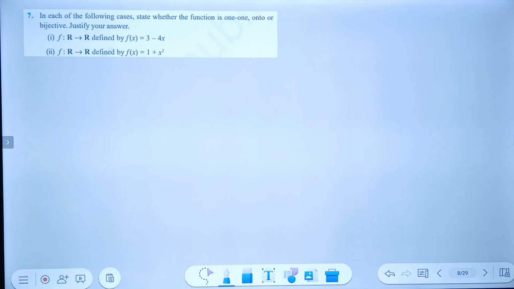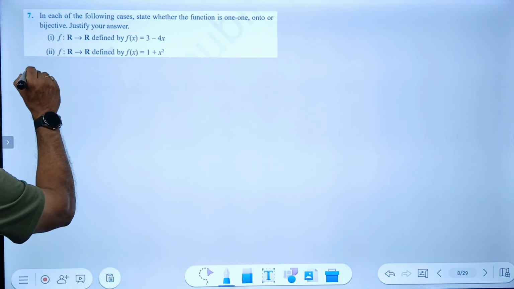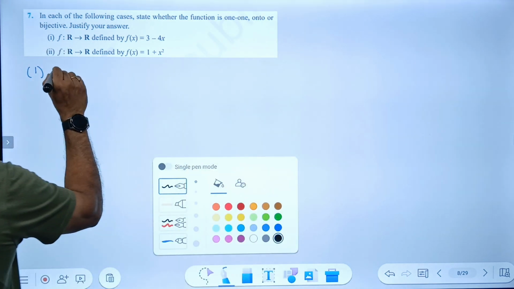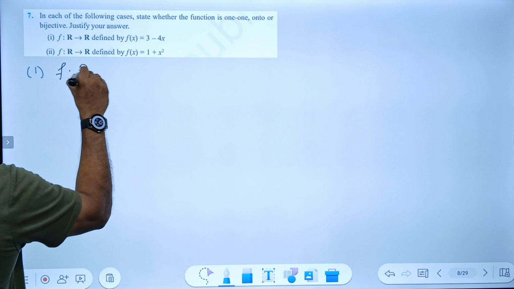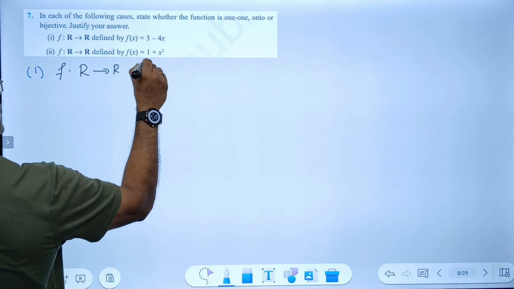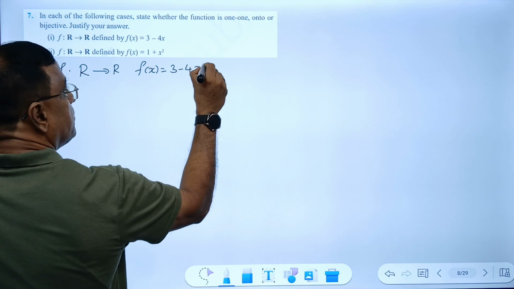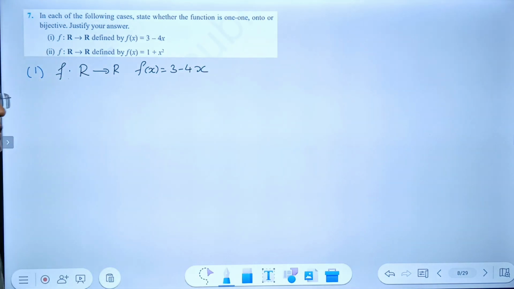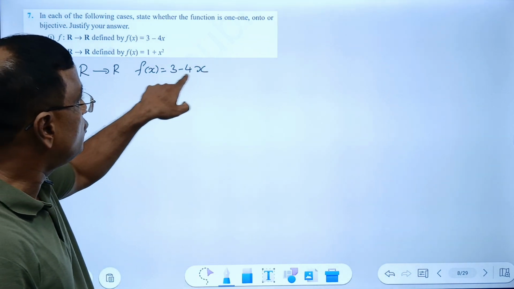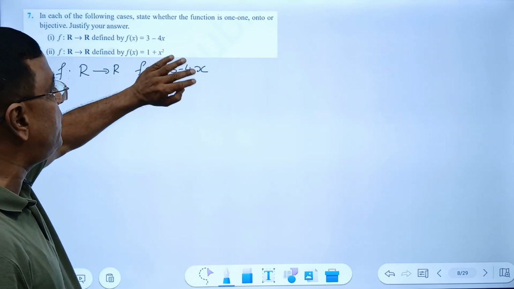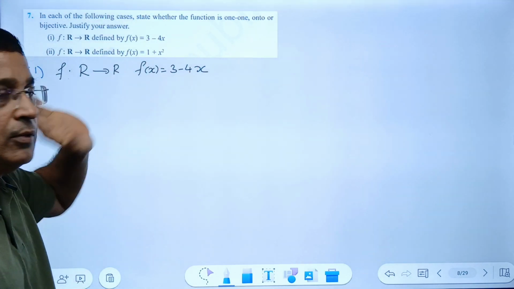Now this is our next question. Question number 7 from the NCERT, where f is a function from R to R, defined as f of x is equal to 3 minus 4x. This is well defined because there is no variable in the denominator, so this is perfectly well defined. It is defined for all values of x. Okay.